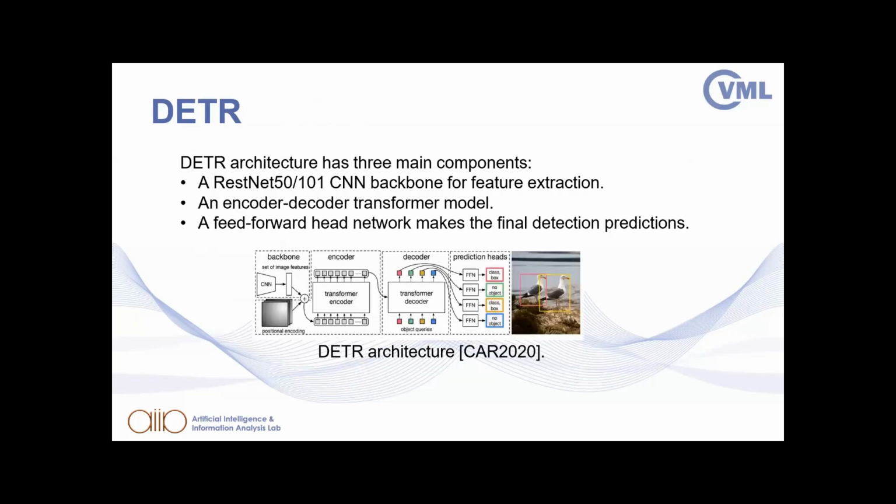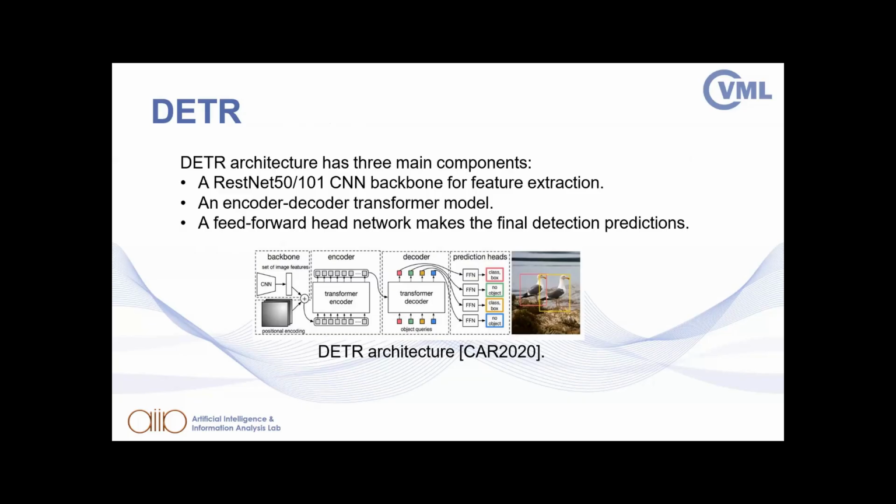Here we explain the architecture of the detection transformer. The first component is the ResNet backbone, which extracts features from the input image. These feature maps are enhanced with positional encodings to help the model understand spatial relationships.